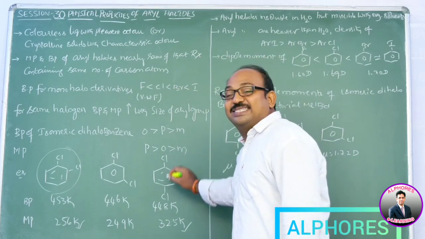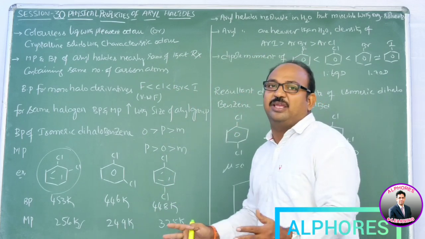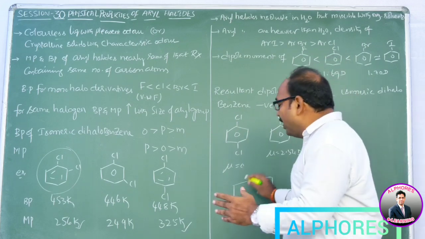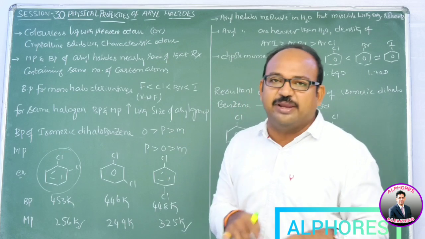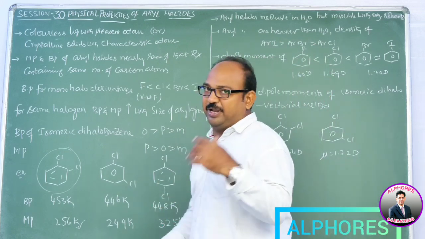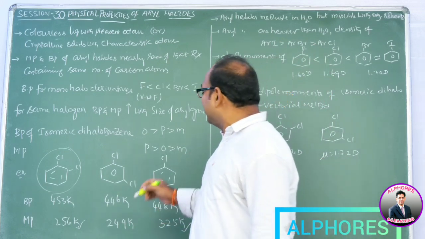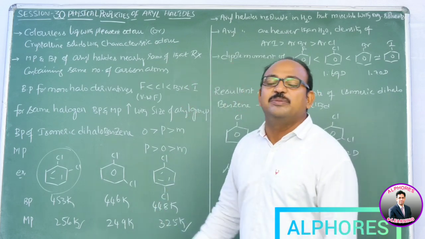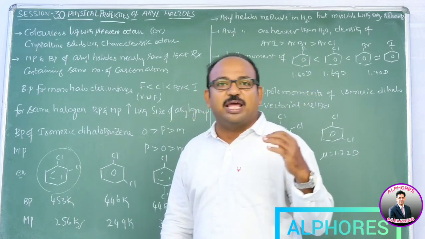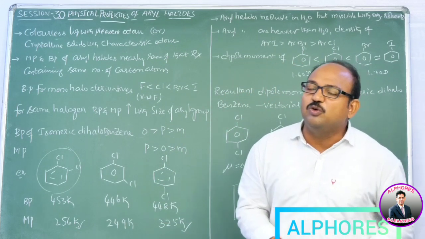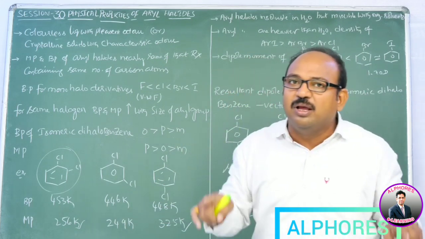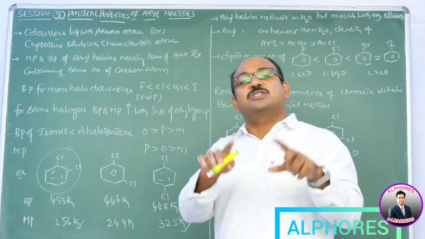And whereas in case of para, because of symmetry, within a unit area, the number of molecules which can accommodate within one unit area will be more. I am repeating once again. Because of symmetrical structure of para-dichlorobenzene, more number of molecules we can place within one square centimeter or 1 square meter area.